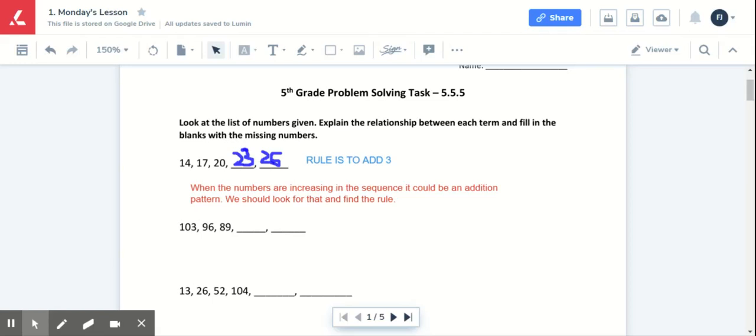So it looks like this is a subtraction pattern, and the rule is to subtract 7. Right now, I want you to go back and check your work and see if you came up with that same rule. If not, I want you to go back and check your work. If you did, awesome, and keep on watching the video.